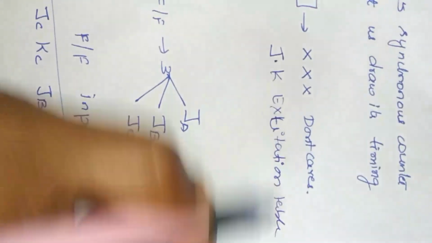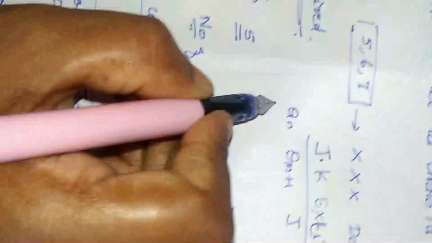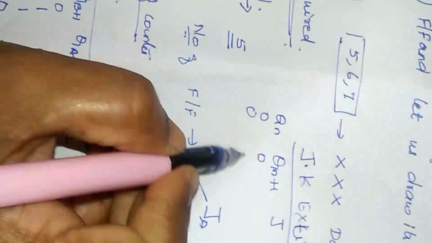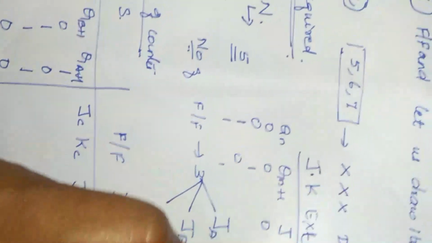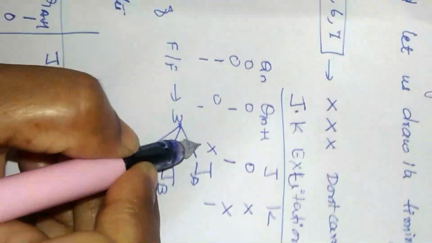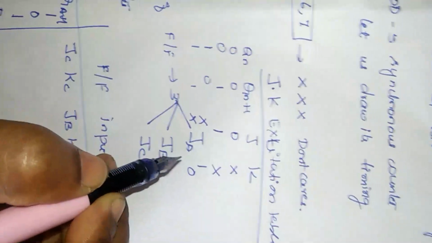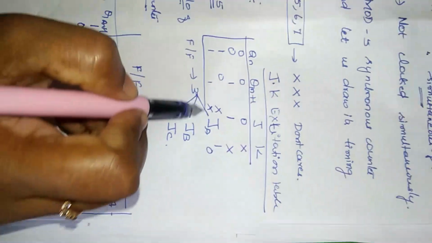You have Qn plus 1, J and K. So here it is 0, 0, 0, 1, 1, 0, 1, 1. So what are the inputs? 0x, 1x, x1 and x0. So this is your excitation table of the JK flip-flop.